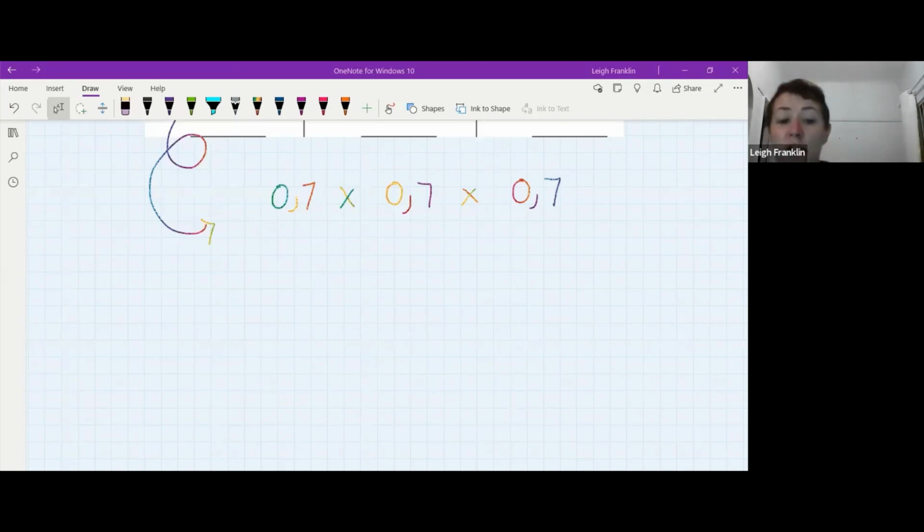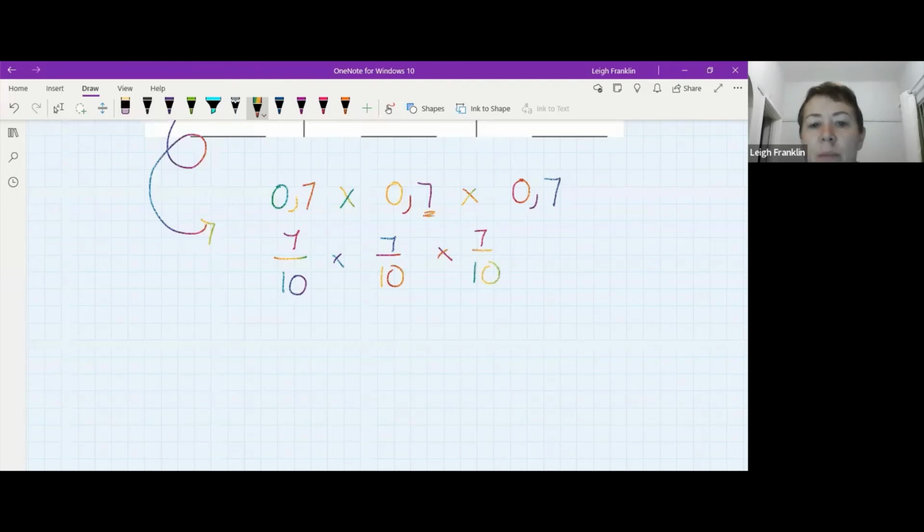Okay, so there's 2 ways that you could do this. I see we're running out of time here, so I better just tell you guys. You can write 0,7 as 7 out of 10, times 7 out of 10 times 7 out of 10, because any number sitting over here is in the 10ths column.